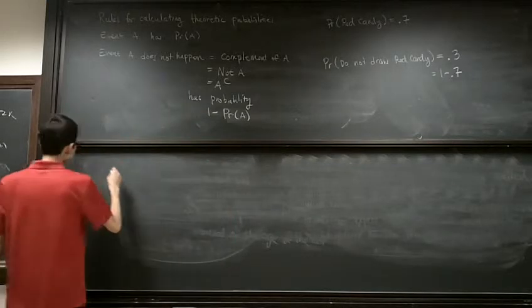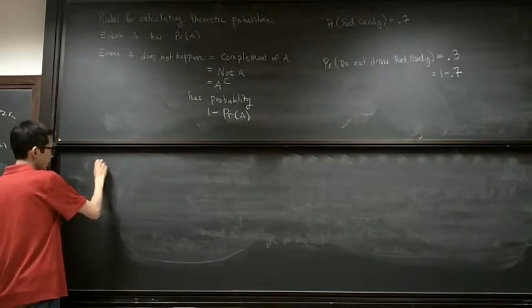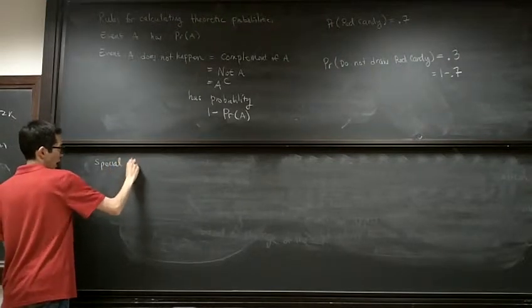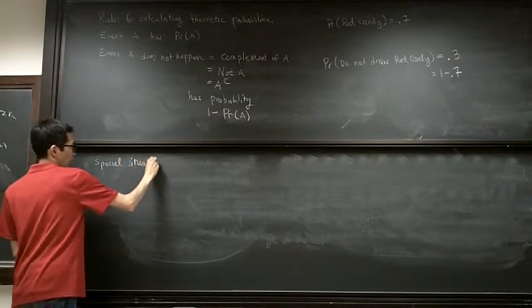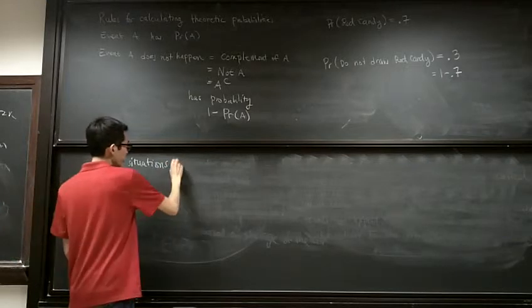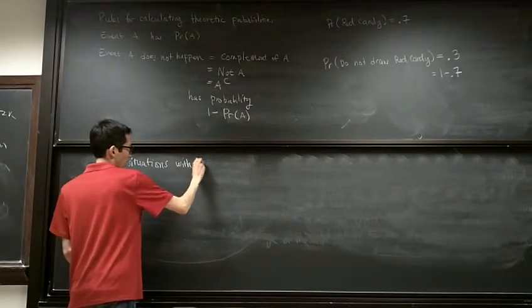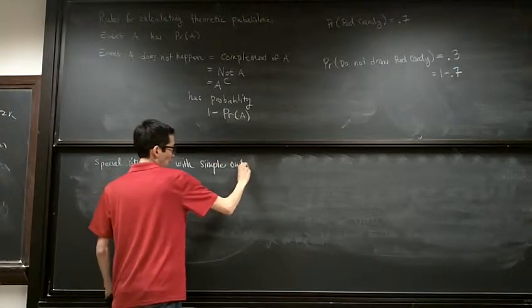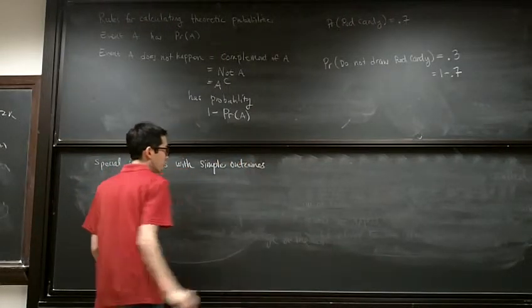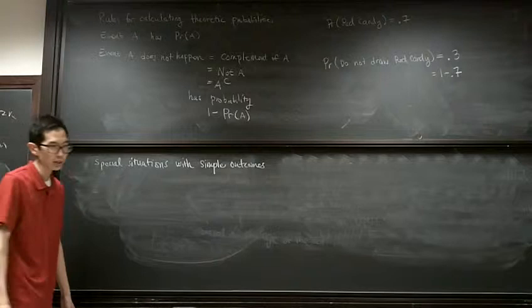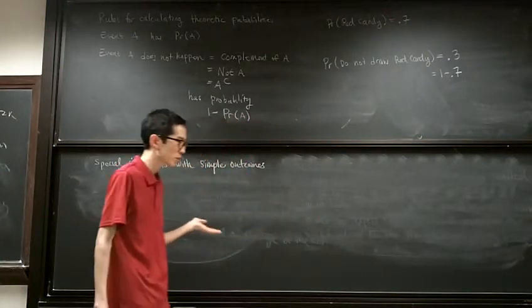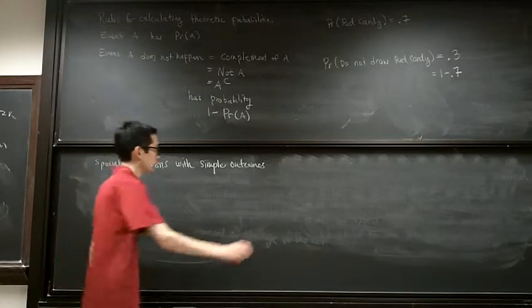All right, we have a special situation called simple outcomes. Simple outcomes mean the outcomes are all equally likely.